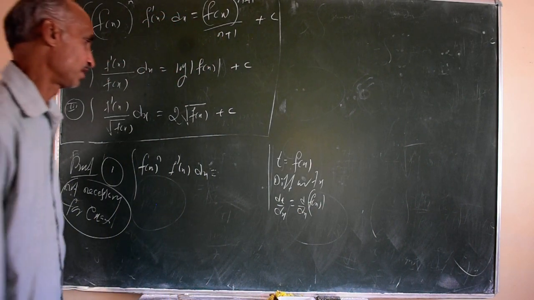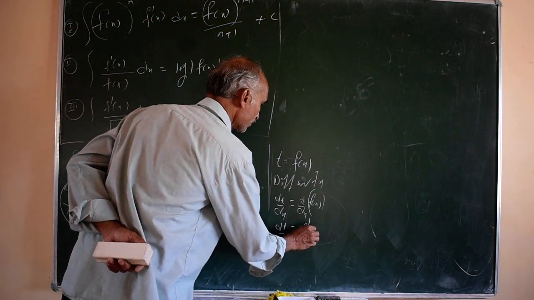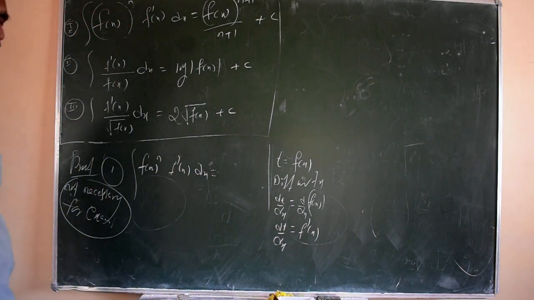It is f dash of x. Therefore, dt by dx is equal to f dash of x.